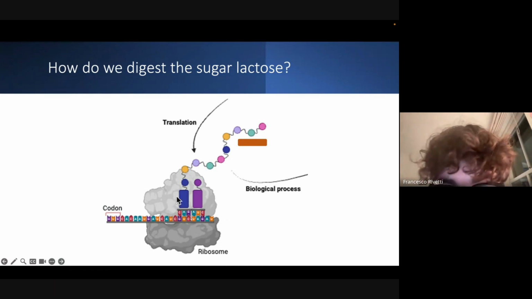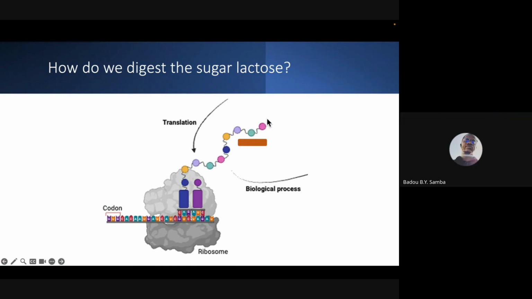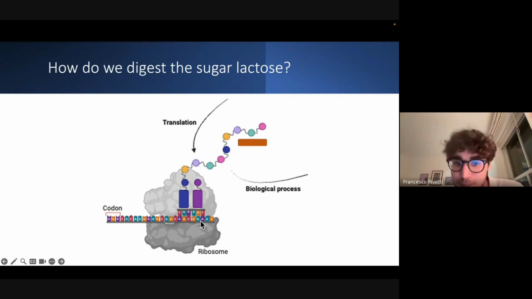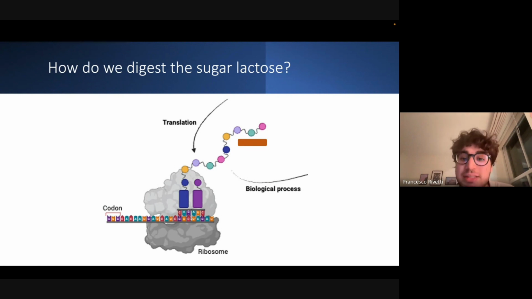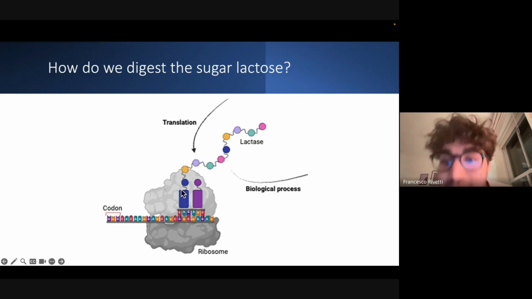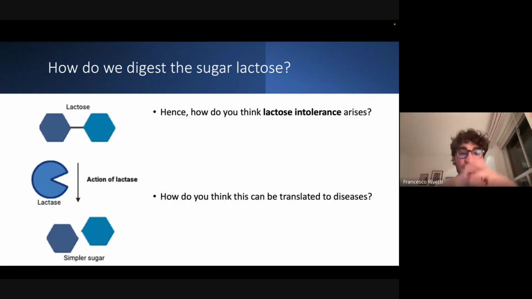And does anybody know what this growing chain from the ribosome is? It is a polypeptide chain, growing from the transfer RNA. Yes. So it's a polypeptide chain made of amino acids that makes up the lactase protein in this example. Following this, we have the functional lactase enzyme that will do its function.